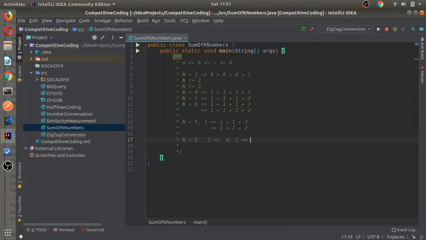Okay, so 4 comma 2 can be represented as 1 3 and 2 2.